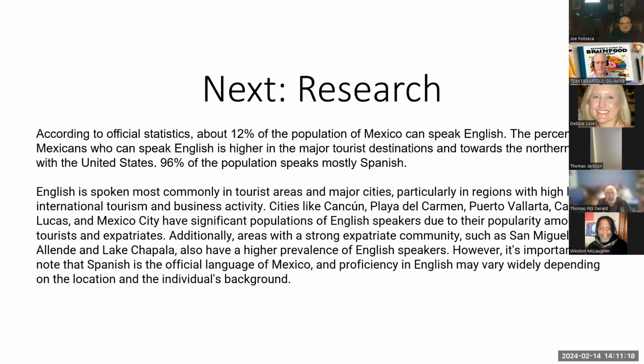Additionally, areas with strong expatriate communities, such as San Miguel de Allende and Lake Chapala, also have a higher prevalence of English speakers. However, it is important to note that Spanish is the official language of Mexico, and proficiency in English may vary widely depending on the location and the individual background.